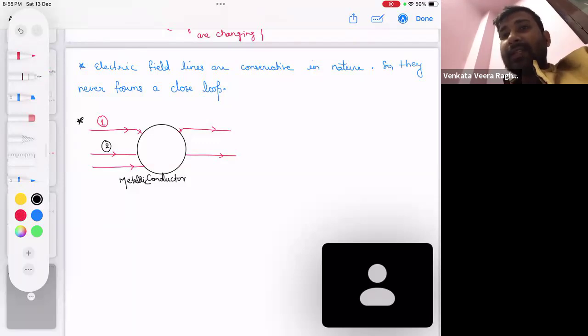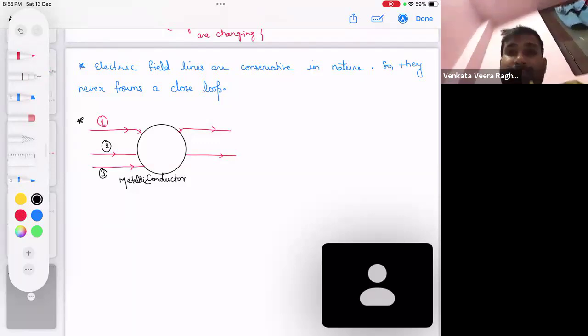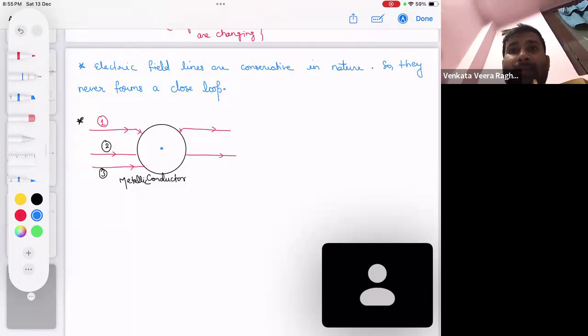Is the second one representing the correct field? And is the third one correct? Out of 1, 2, 3, which is the correct one?